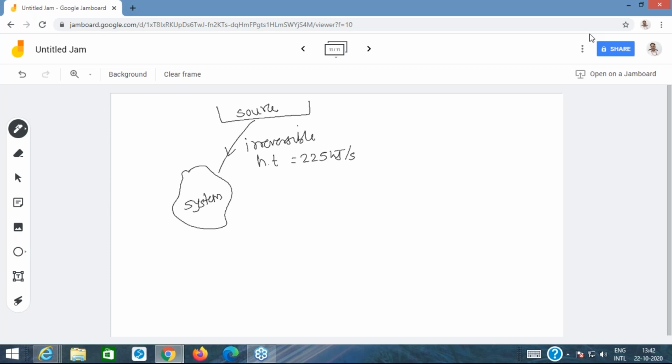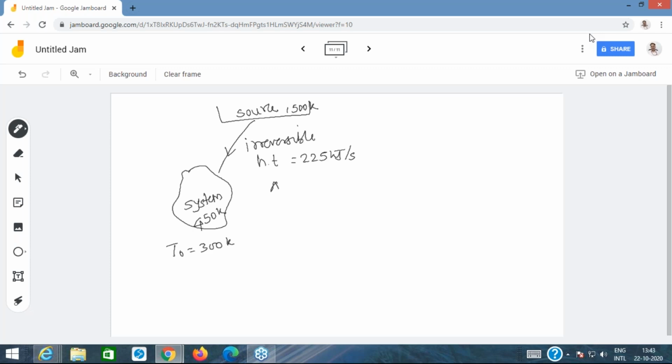And we say that the system remains at 450 Kelvin and the source remains at 1500 Kelvin. And the dead state temperature is 300 Kelvin. Okay.